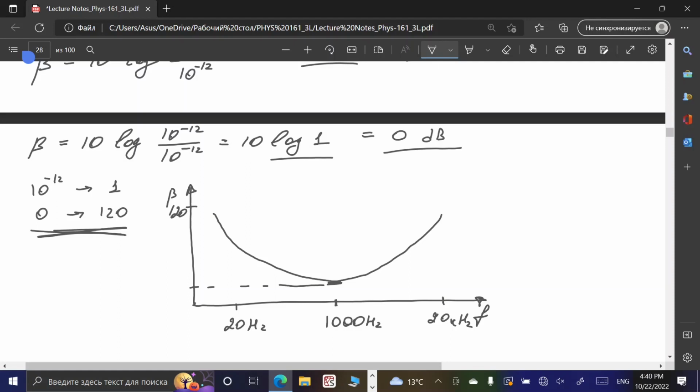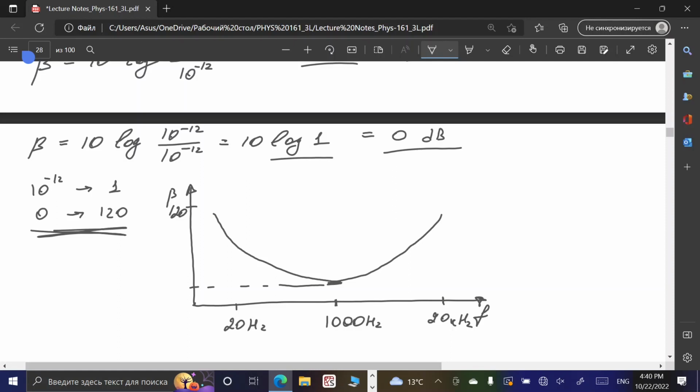As we go to higher frequencies, this minimum hearing level increases. If you can still hear 10 to minus 12 at 1000 hertz, then at, I don't know, 100 hertz, you need a lot higher intensity in order to hear it. The same goes for higher frequency.